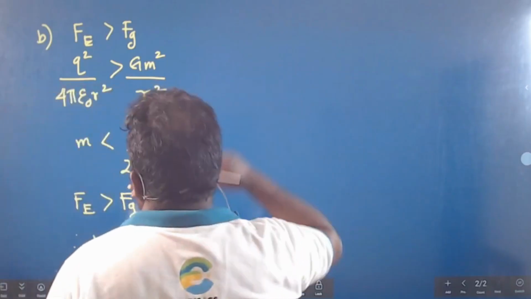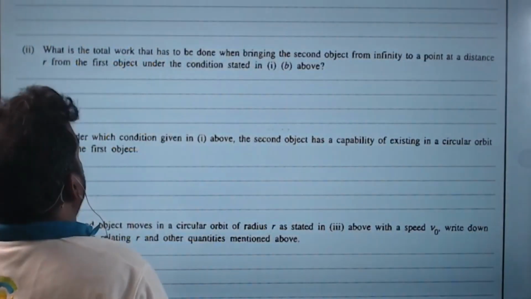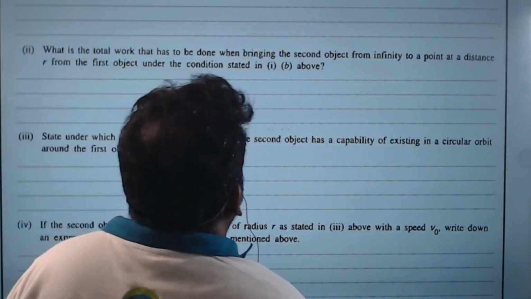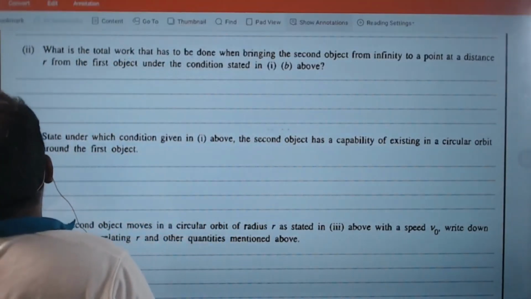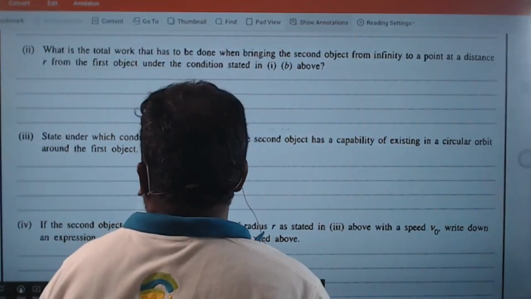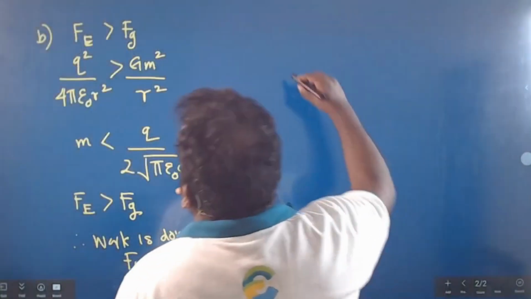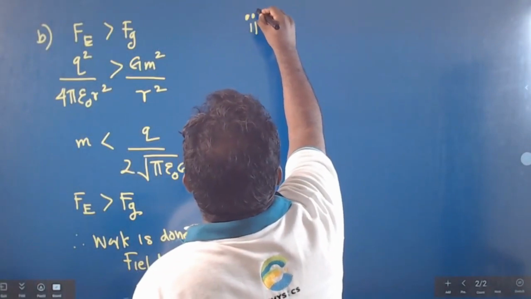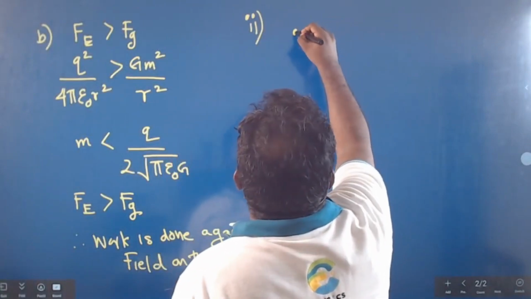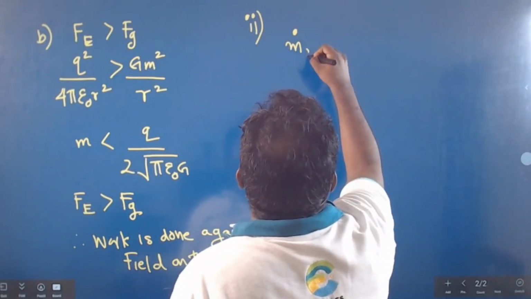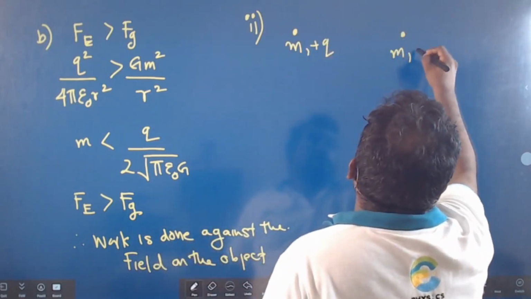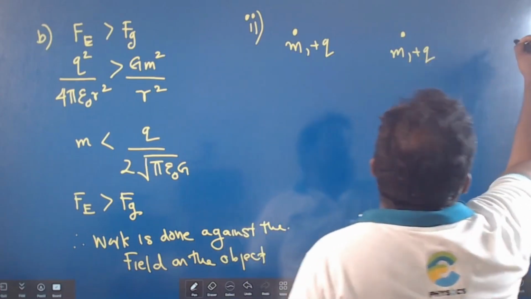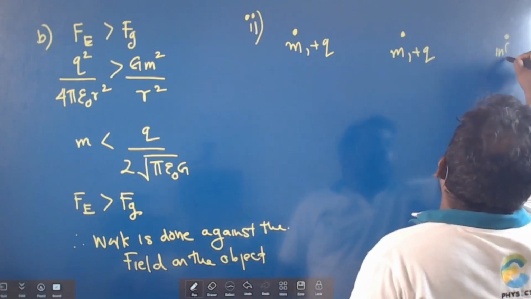This is Roman 2. So Roman 2, mass is here, charge is here. From infinity only we are coming.